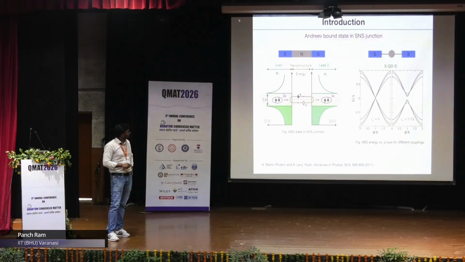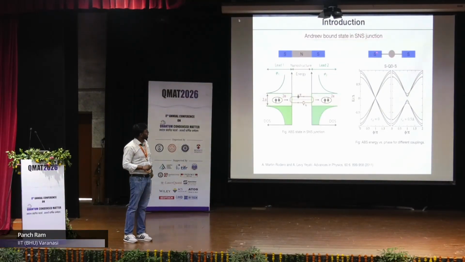In the simplified picture, one can also understand this if you attach, for example, a normal quantum dot with just one level, and the superconductors have phases also. Whatever the level we have in the particle-hole basis, we have two energy modes. At zero phase we have the two energies.